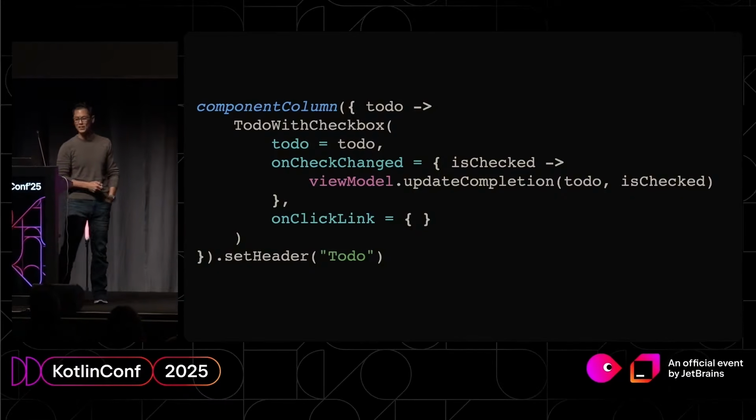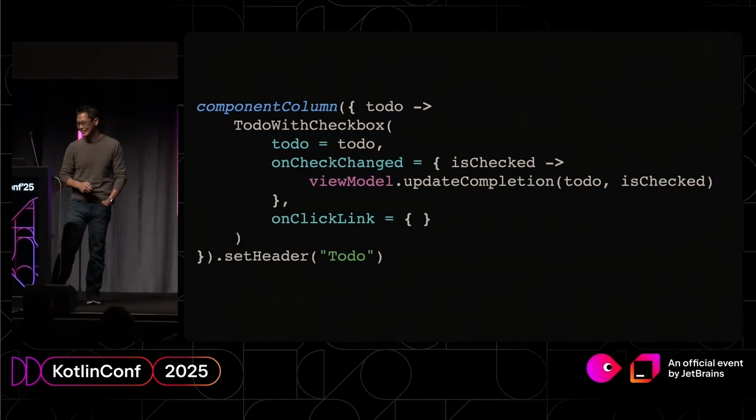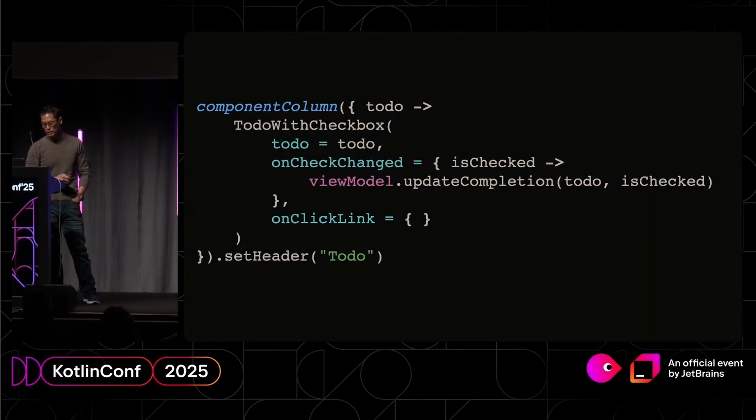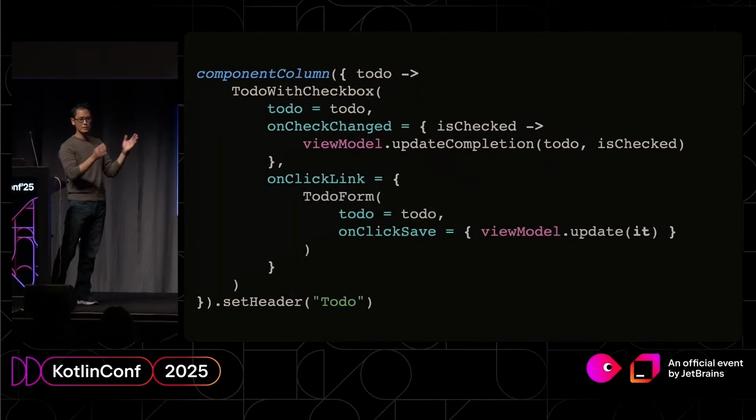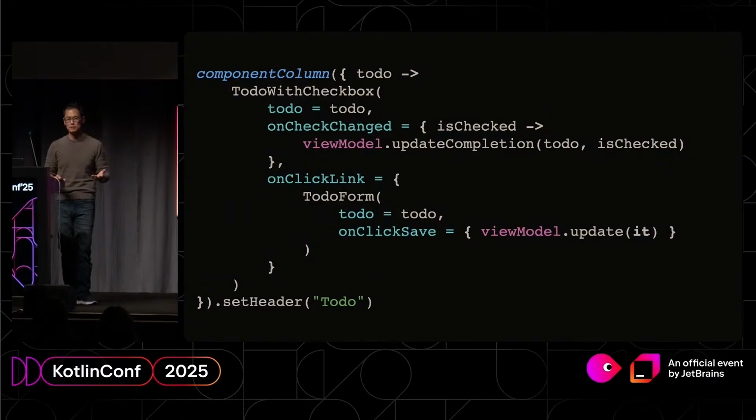Not much to say about this other than the to-do is passed in. The one change is that when you open that, we're going to instantiate a to-do form, and then we're going to pass in that to-do. And then we're going to say when they click the save button to go run the update function.